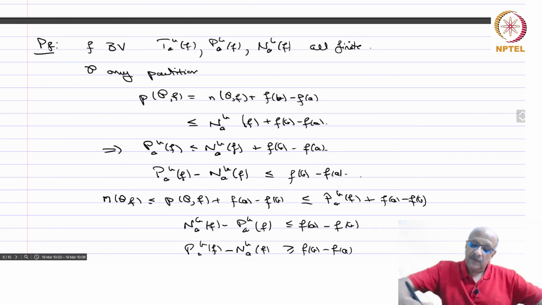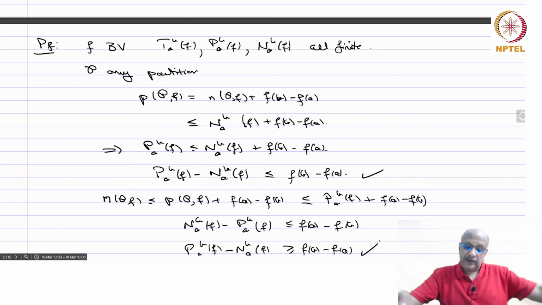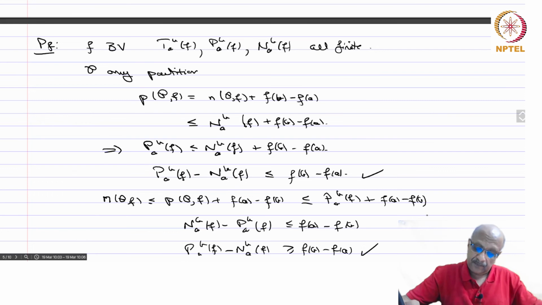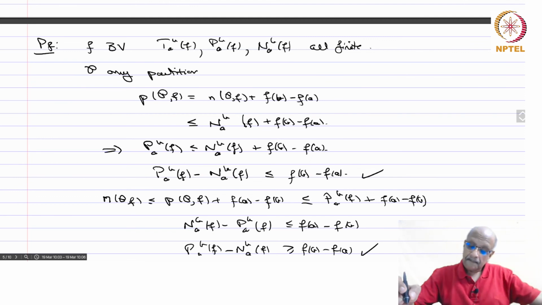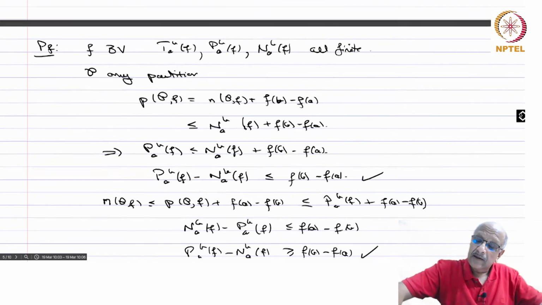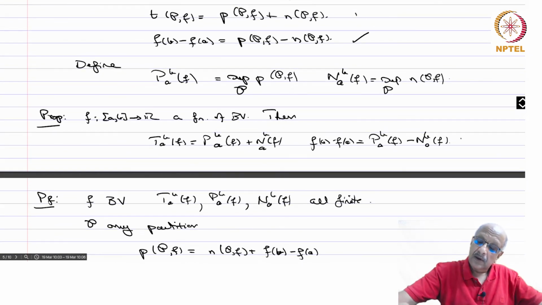And so you have the two requisite inequalities, and therefore these two are equal: P_a^b - N_a^b equals f(b) - f(a), and that proves this statement here.